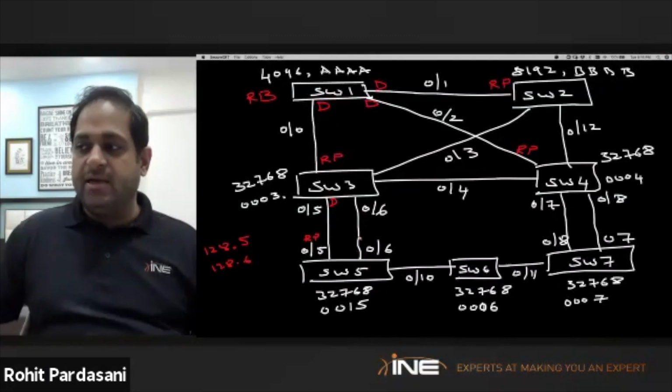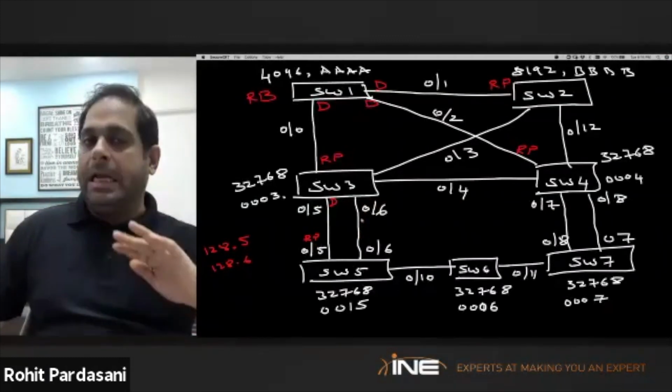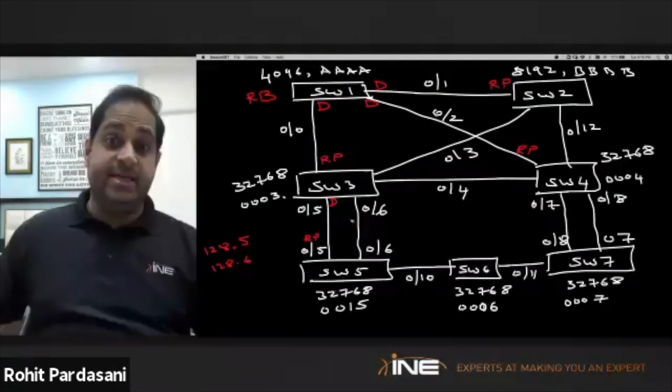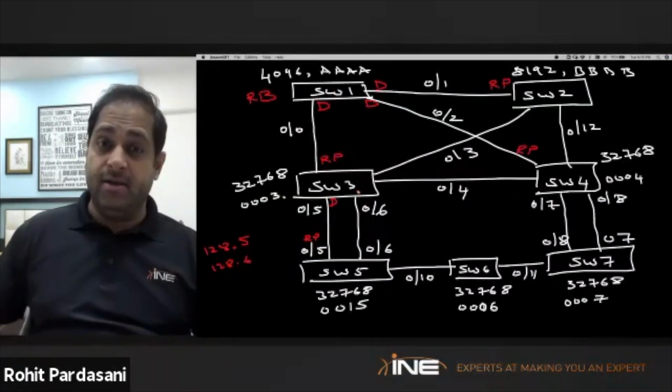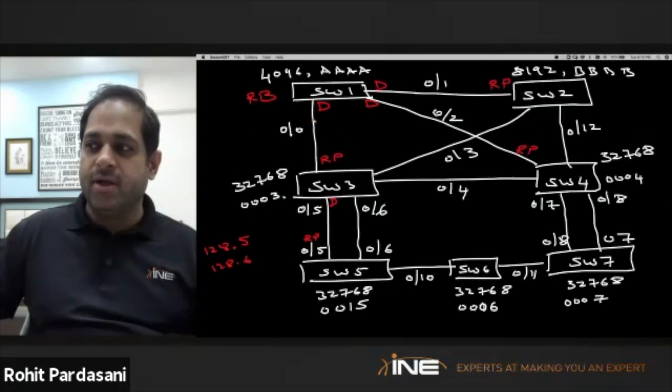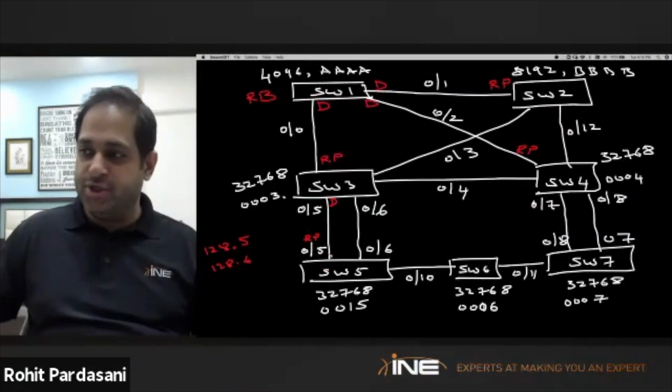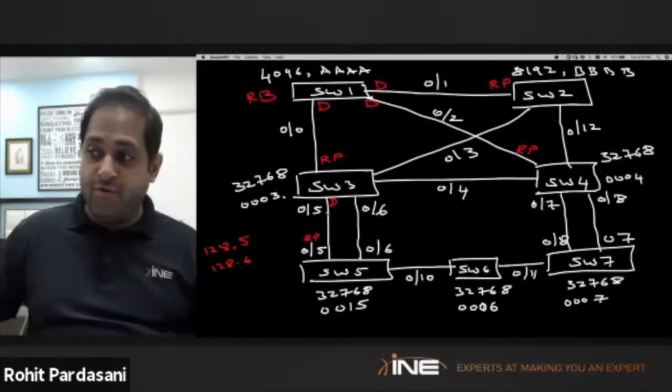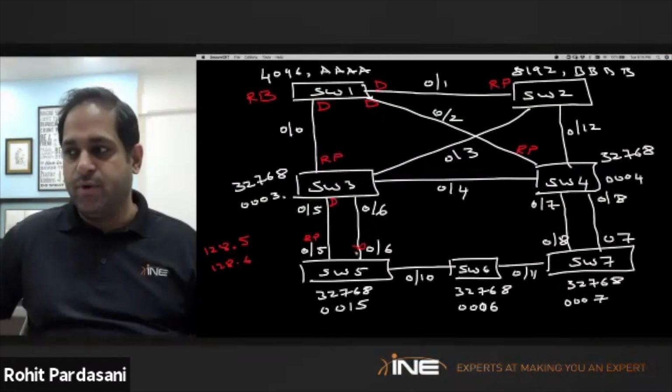On this link, it's a pretty clear, obvious reason why switch 3 would be the winner because of costs. What is switch 3's cost to root bridge? 100. What is switch 5's cost to root bridge? From the root port link, 100 plus 100, 200. So obviously he has to go into blocking and he would go into designated.